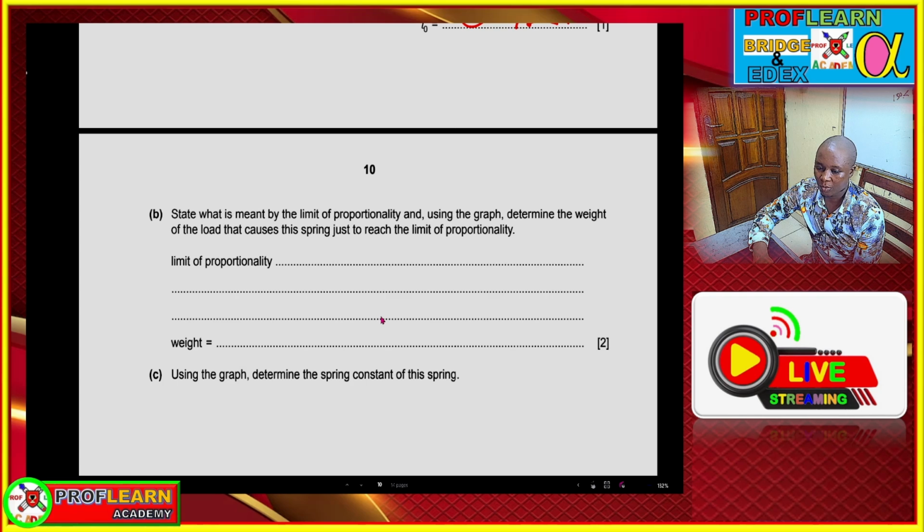State what is meant by the limit of proportionality. The limit of proportionality, and which value is that.